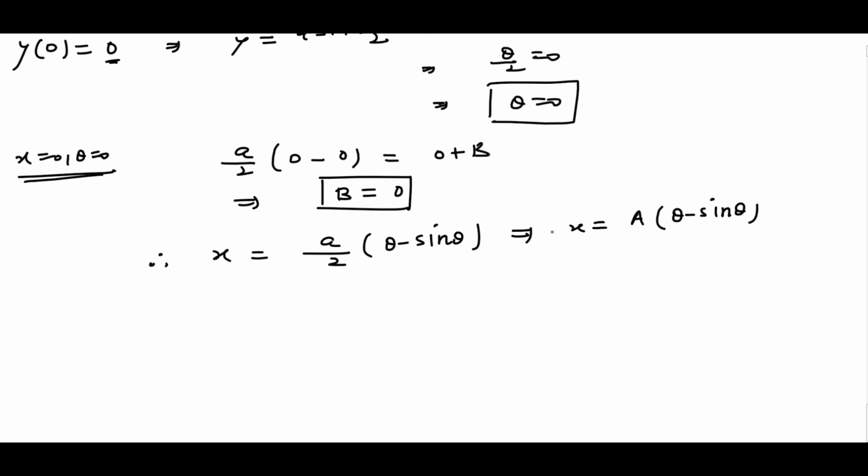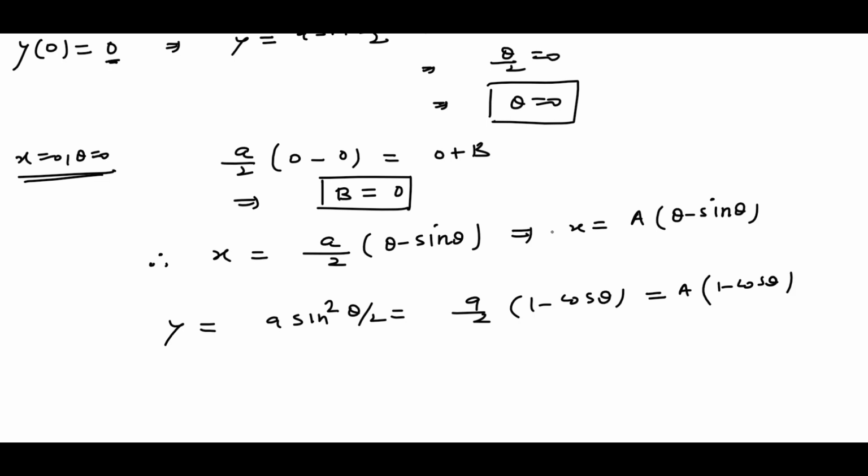This is a parametric form of the curve, and y can be written as a sin square theta by 2, that is a by 2 times 1 negative cos theta, and a by 2 can be written as capital A as previous, multiplied by 1 negative cos theta.